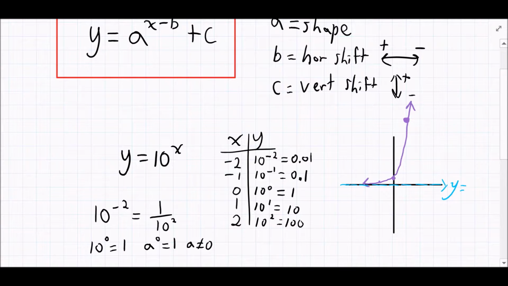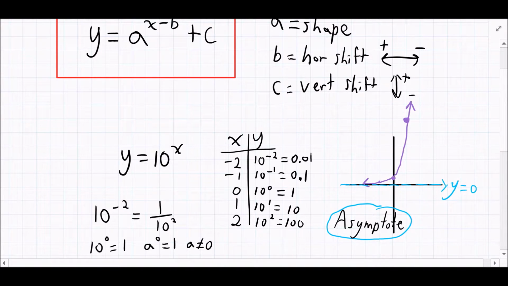So that's y equals 0 is the x-axis. This thing's getting closer and closer to y equals 0 the more negative it gets. So I'll just spell that for you. So our blue dotted line there is an asymptote.